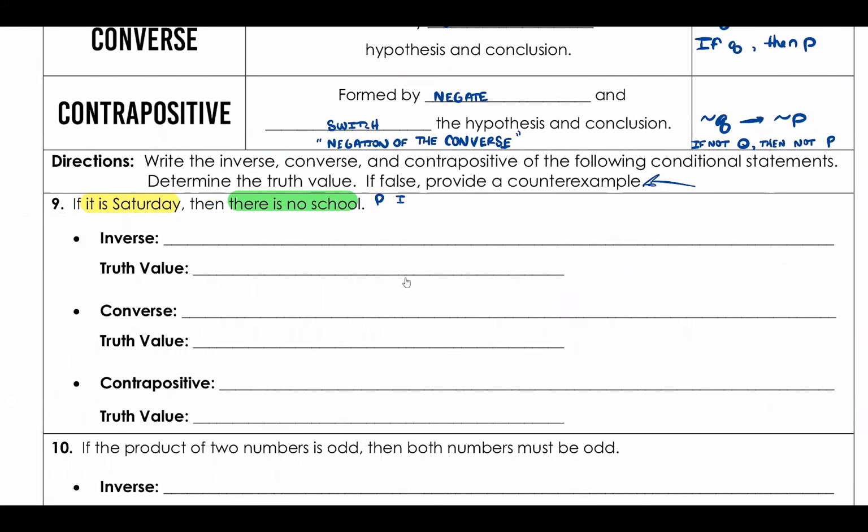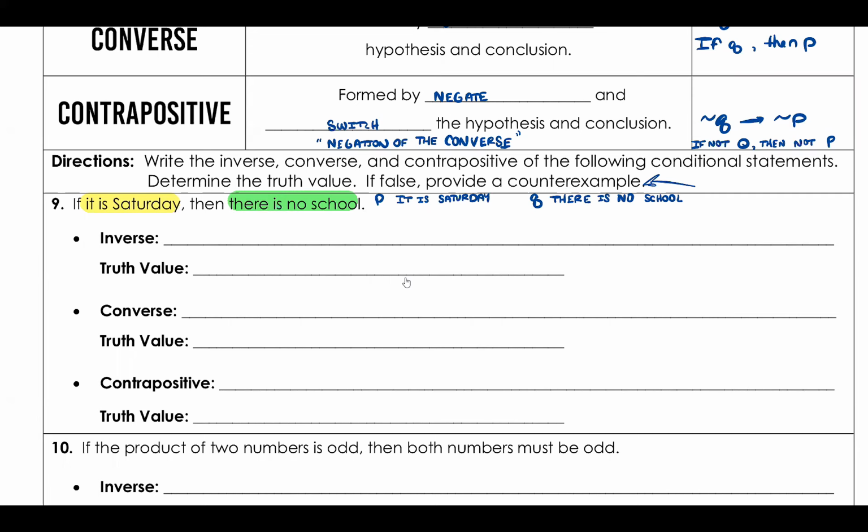It is Saturday. And then our Q is what? There is no school.